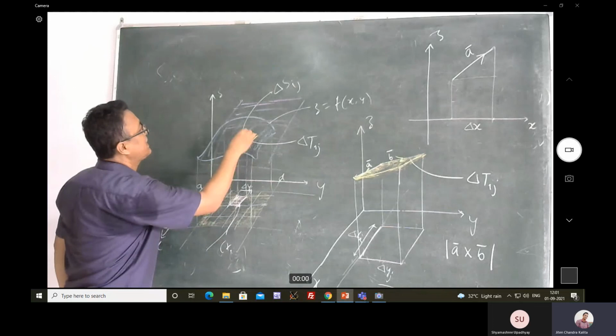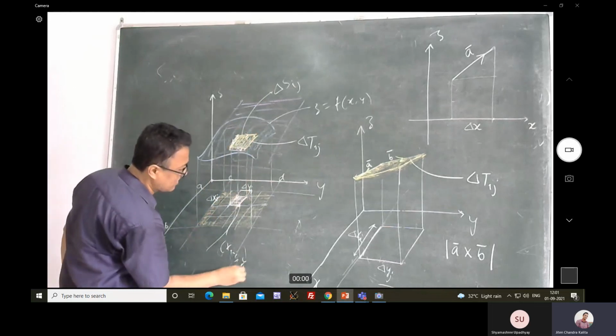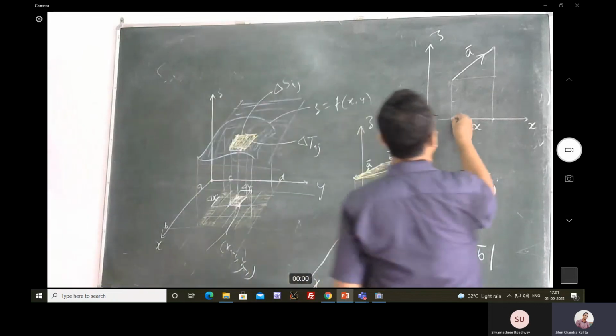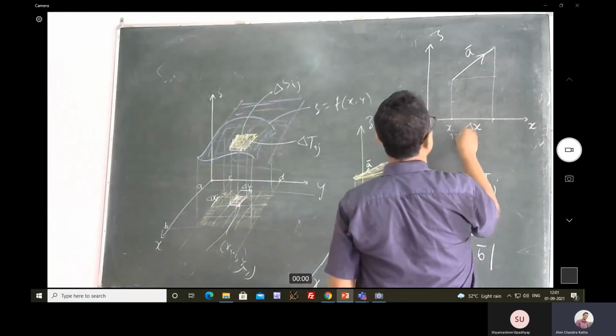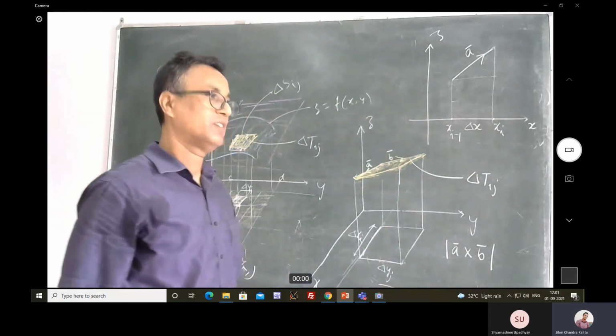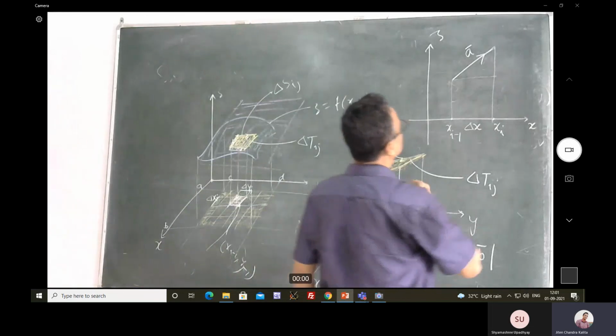Then A and B will start from here and here. So basically x_{i-1}, y_{j-1}. Then it is going to be easier for me, because if this is x_{i-1}, then this is going to be x_i. It is going to be easier to visualize. Is it okay?